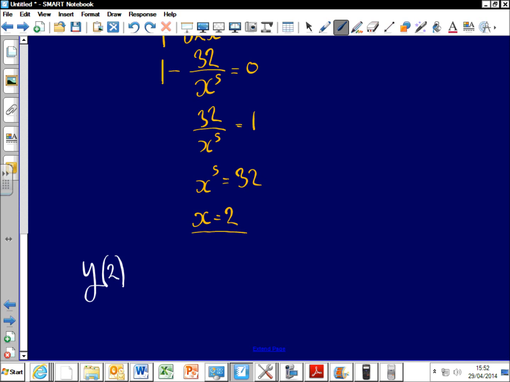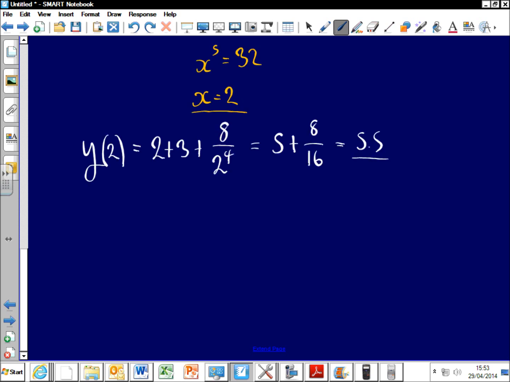So I sub in 2 back into the y, so it's going to be 2 plus 3 plus 8 over 2 to the power of 4. What's 2 to the power of 4? 16. Okay, so this is 5 plus a half, isn't it? So that's 5.5.